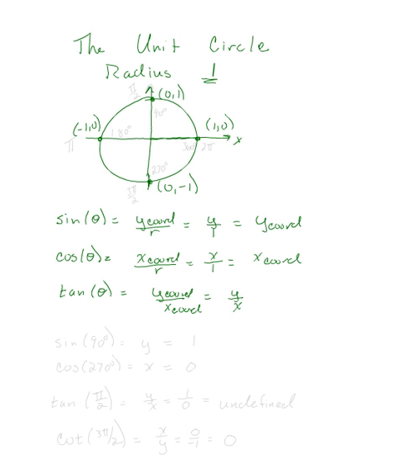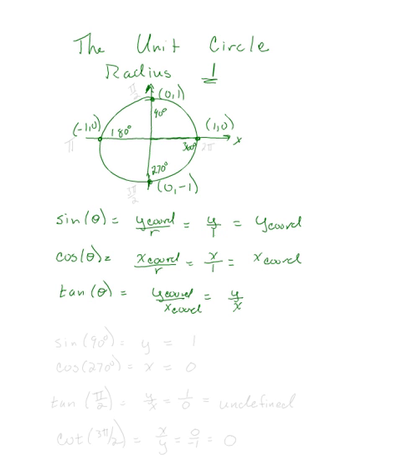Let's mark off our angles here. If I look straight up here along the positive y-axis, this would be an angle of 90 degrees. If I go over here to the negative x-axis, that's 180 degrees. Down here is 270 degrees, and back to where we started was 360.